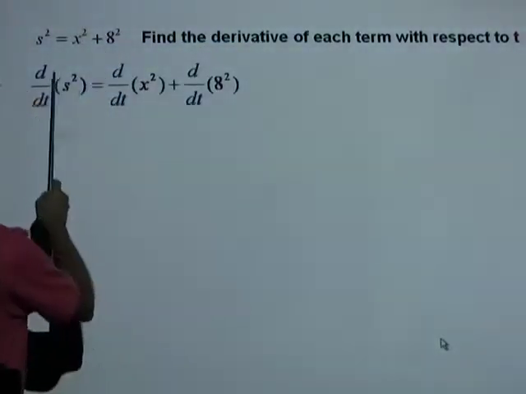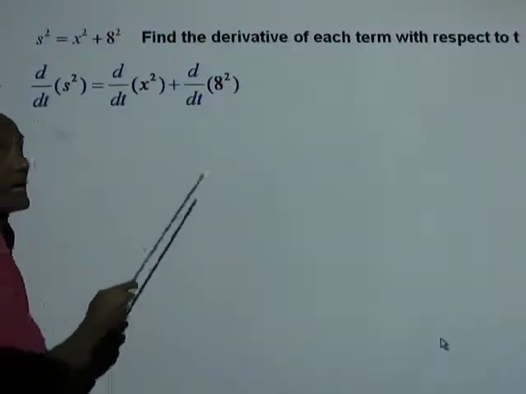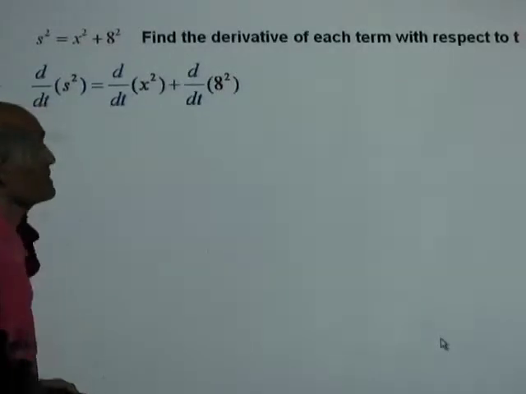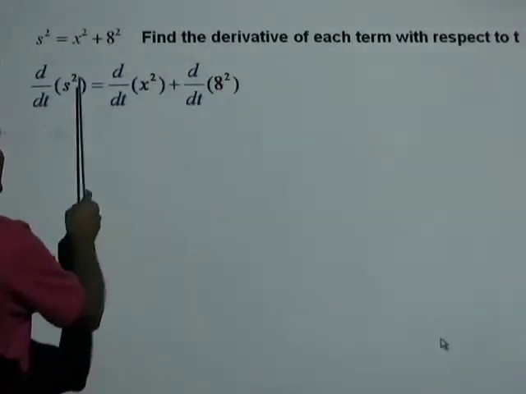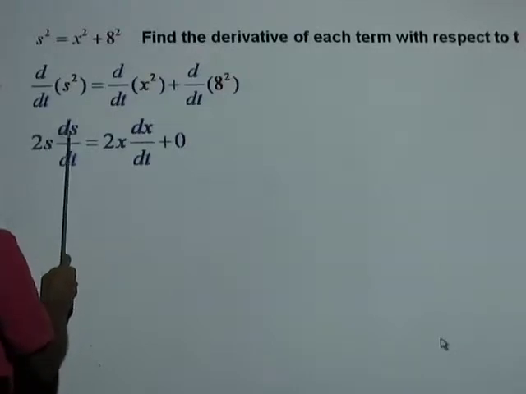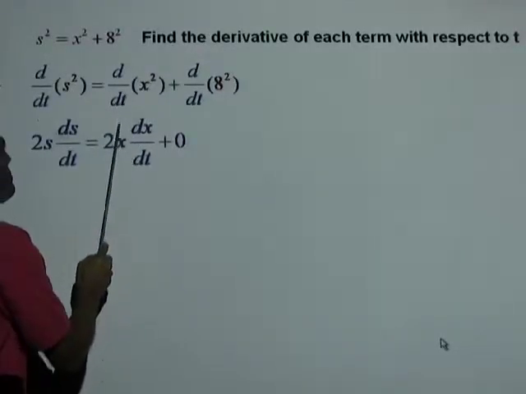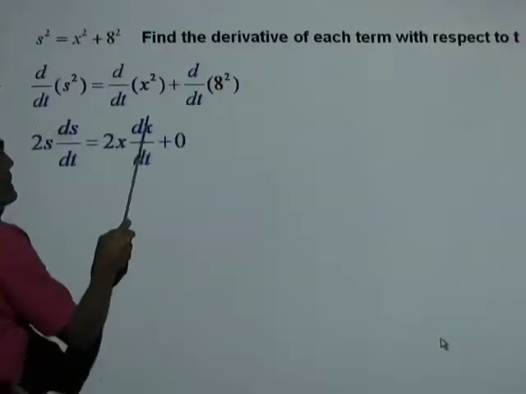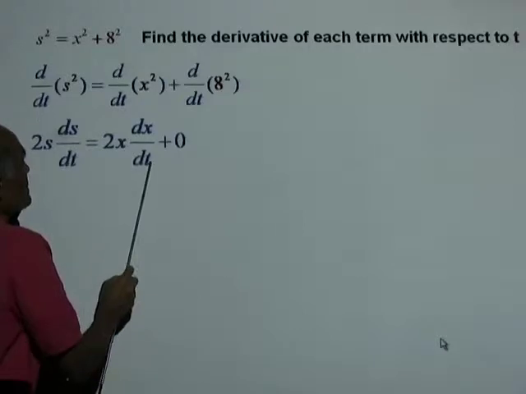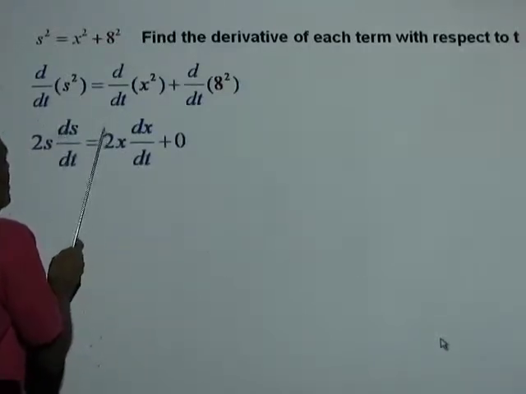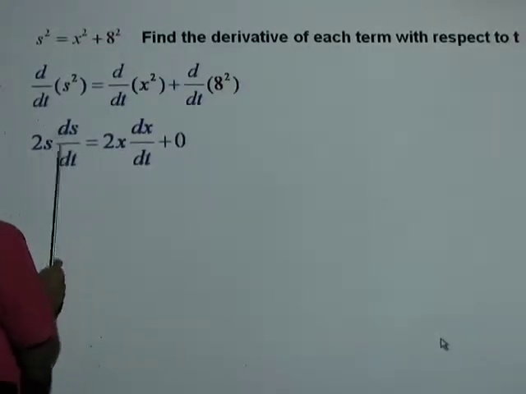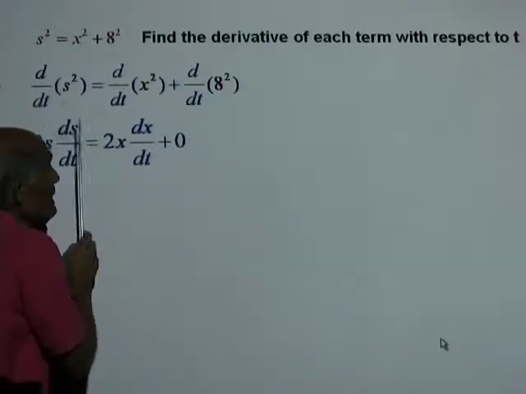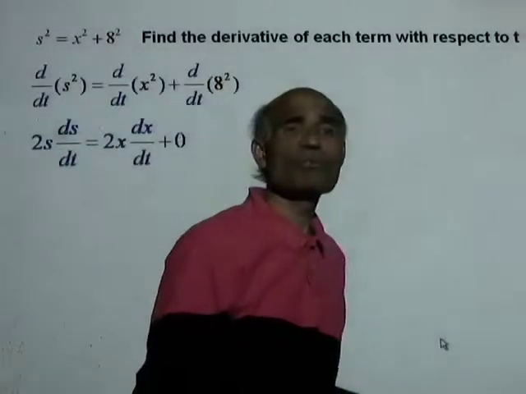So d by dt of s squared equals d by dt of x squared plus d by dt of 8 squared. Now, this is 2s ds by dt equals 2x dx by dt plus 0. We need to find dx by dt, and we know the value of ds by dt. We know s, but we don't know this x. What do we do?